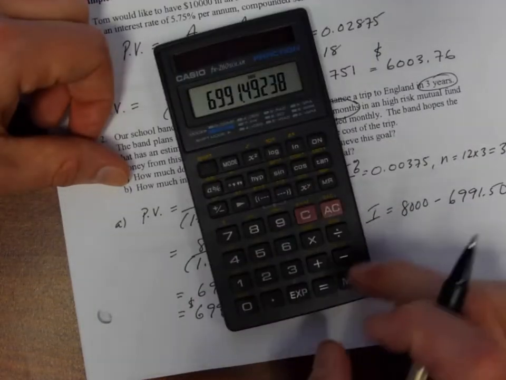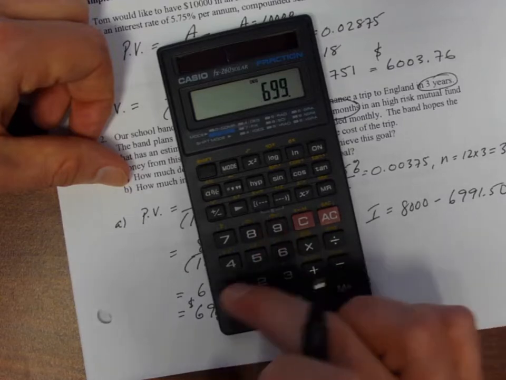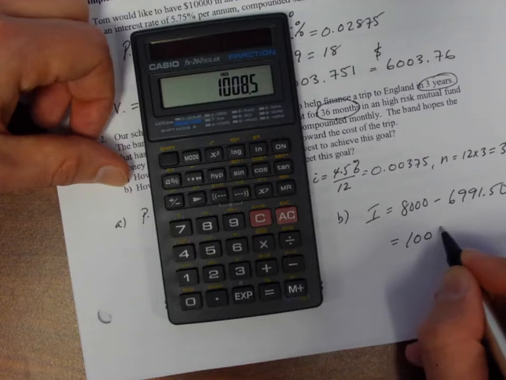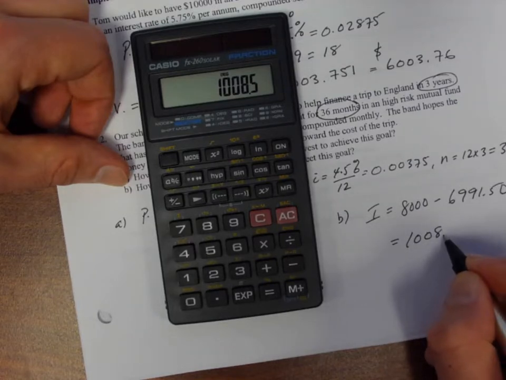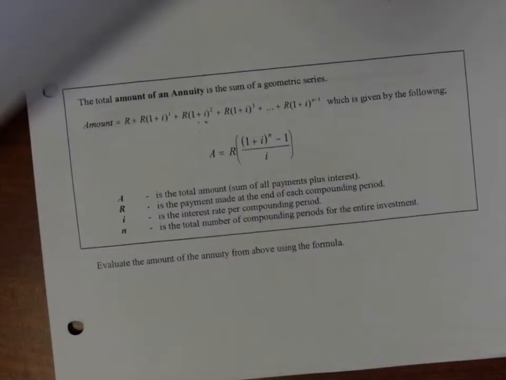So 8,000 take away 6,991.50, and we get they're going to earn about $1,008.50 in interest. And I think that's it for present value.